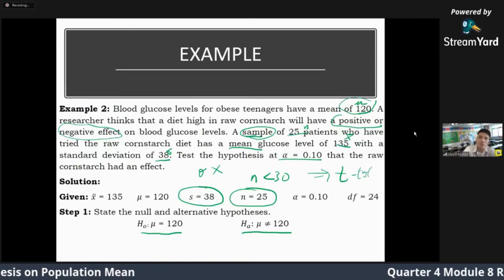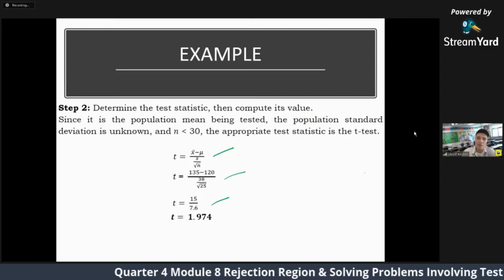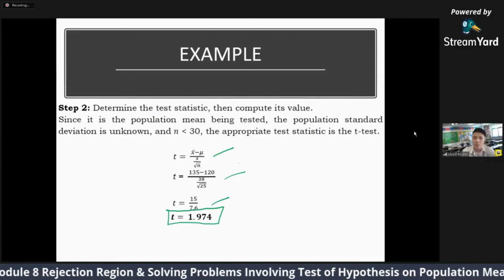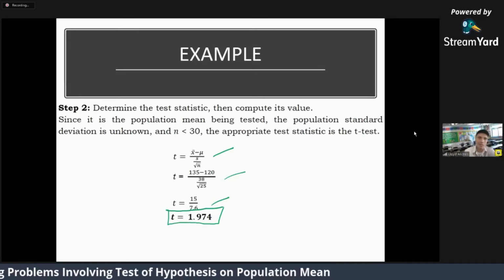So, T-test, solving for T, kani ang formula, substitute, then simplify and finalize your answer. So your computed T value is 1.974. That will be compared to our critical value.